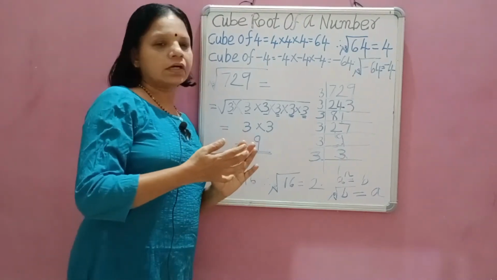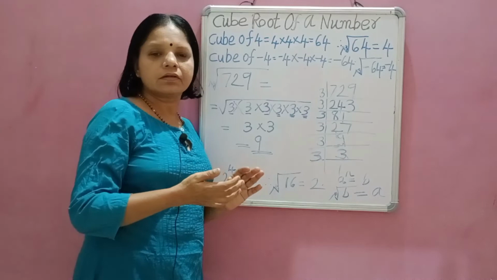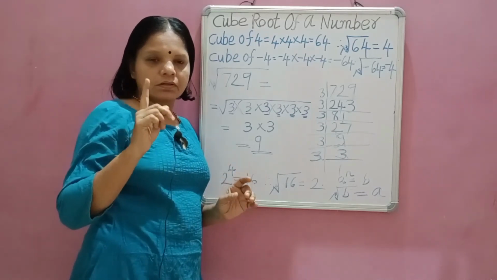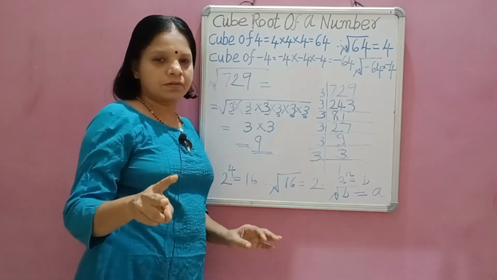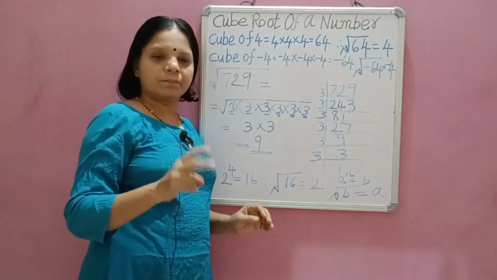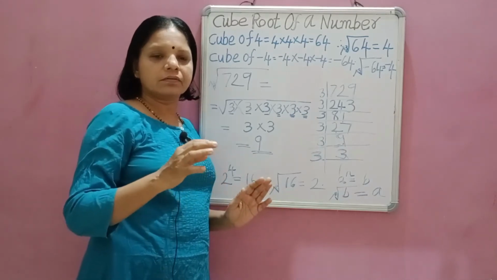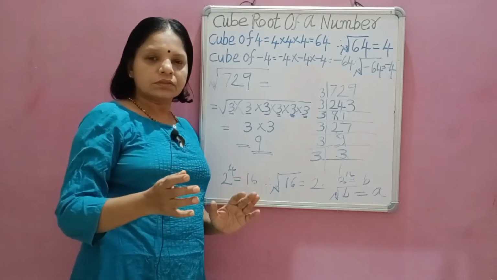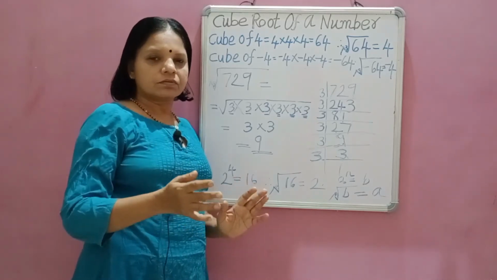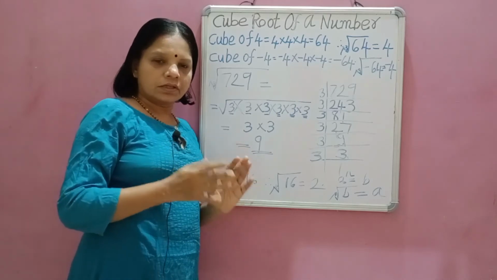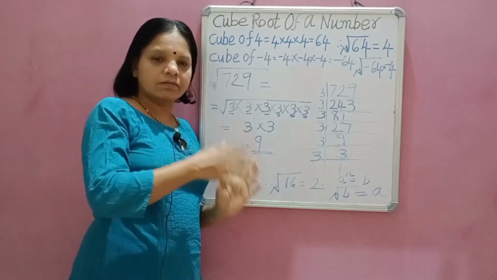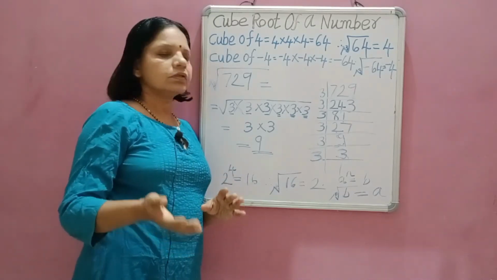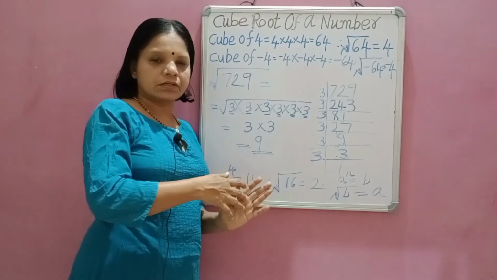The squares are obtained by repeated multiplication by itself, 2 times. Cube of a number is obtained by repeated multiplication 3 times. And the square root is the reverse process of repeated division. And similarly, cube root, repeated division.